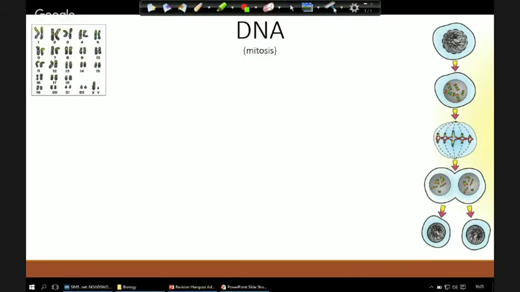Well, first of all, we start out with a completely normal parent cell, a skin cell, a gut cell, an eye cell, a normal cell. In fact, any cell that isn't a sex cell and isn't a gamete. And when we look at this normal cell, the DNA is completely spread out.